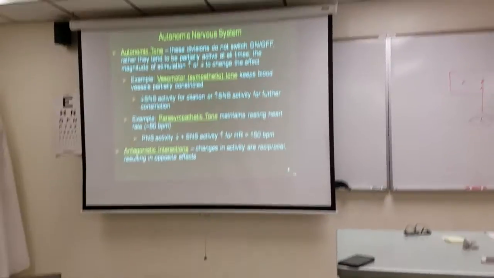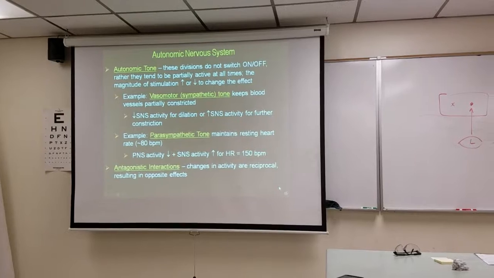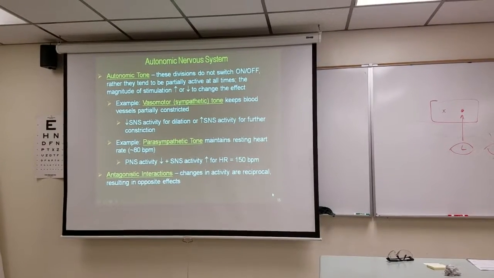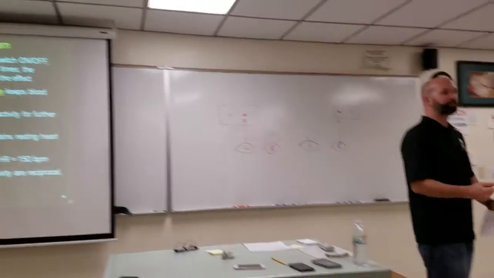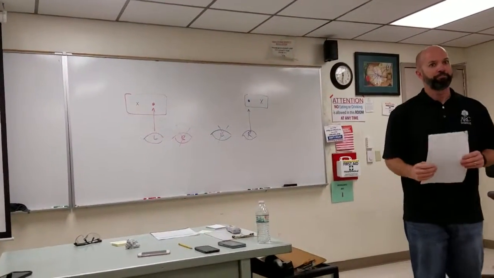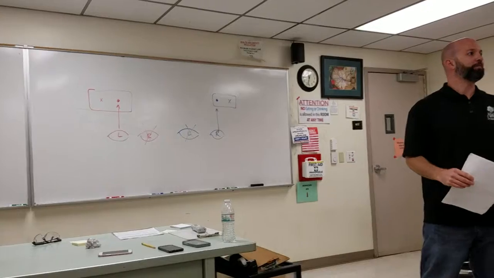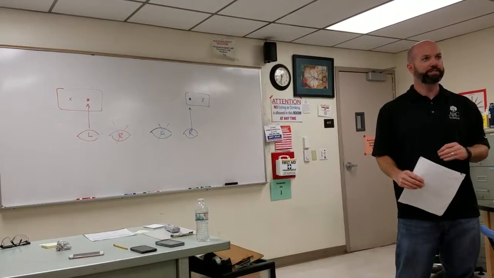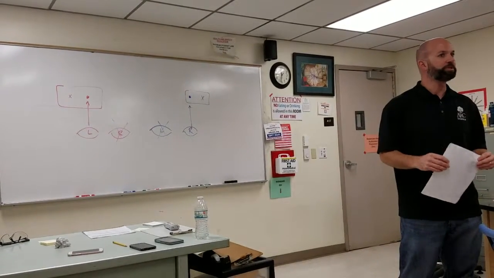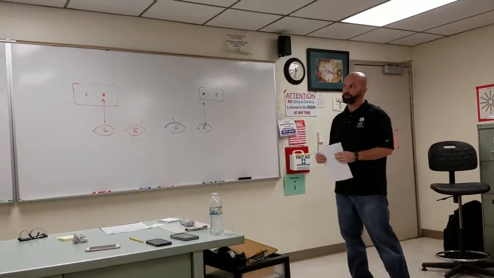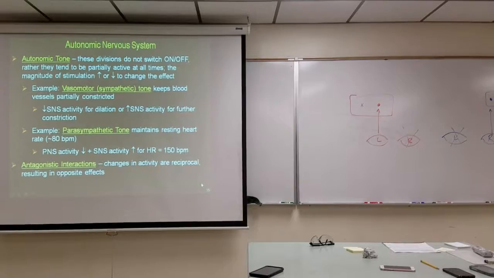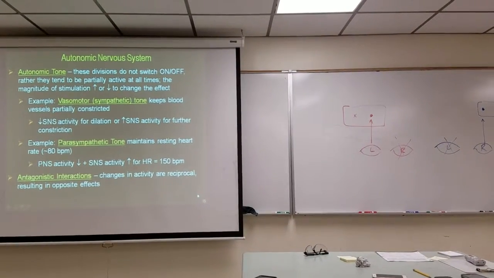We also looked at tone, and that goes back to the idea that the autonomic nervous system does not work like a switch, it works like a dial. All sympathetic and parasympathetic fibers release neurotransmitter all the time. It's just a matter of how much. Some target cells receive a lot more stimulation under resting conditions than others.